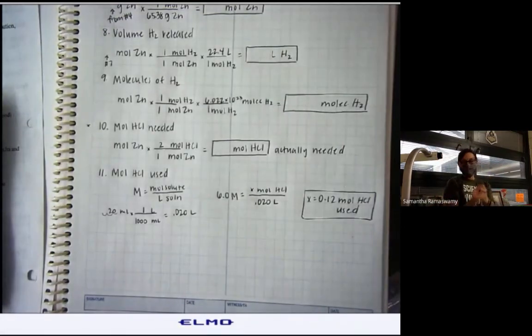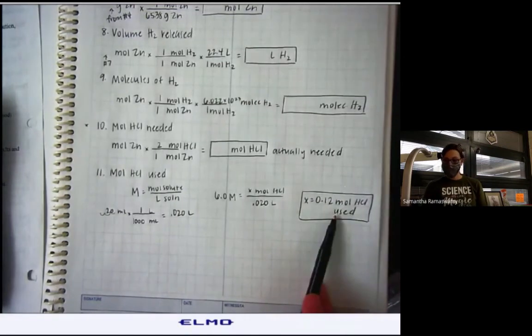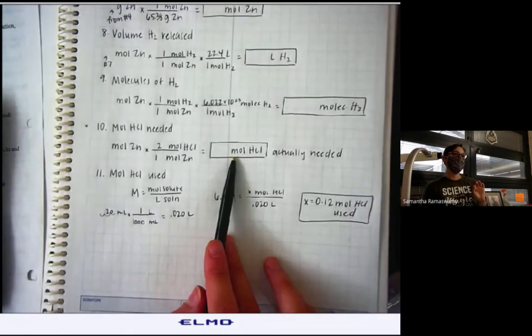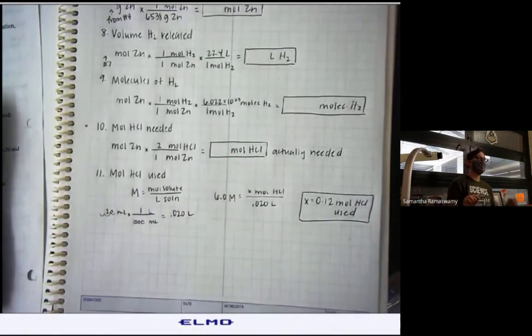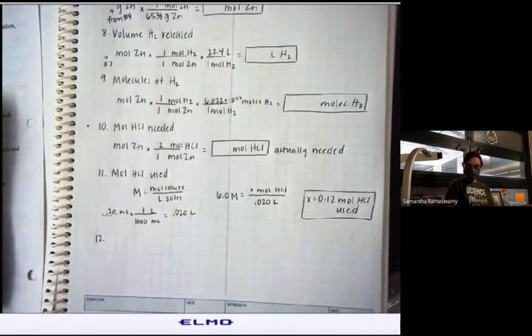So this is how many moles of HCl we had available. This is how many moles of HCl we actually needed to react with all of the zinc. I really hope that your number 10 is a smaller number than your number 11. And then finally, calculation number 12.